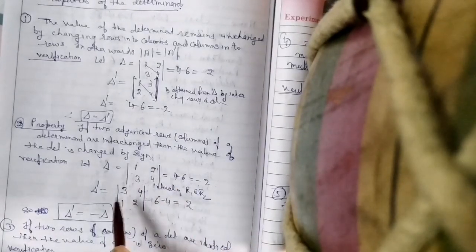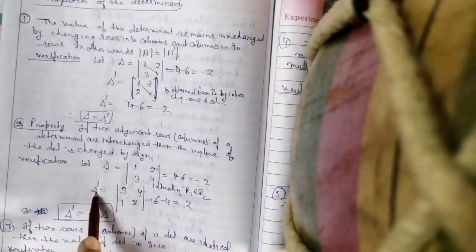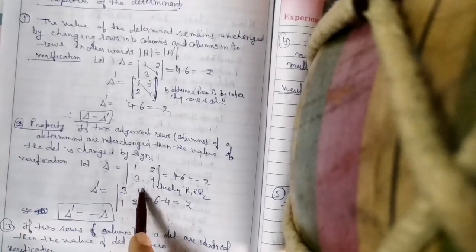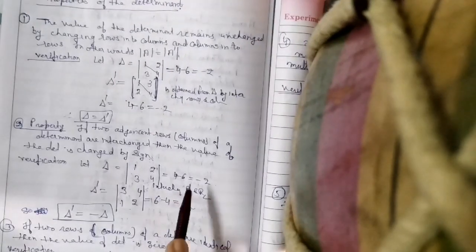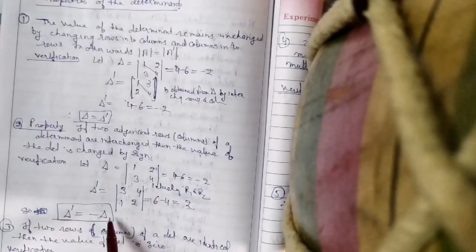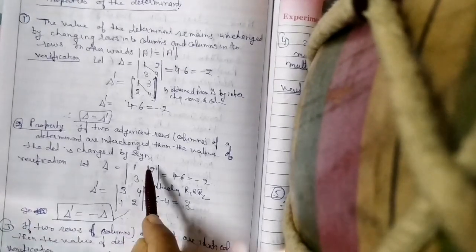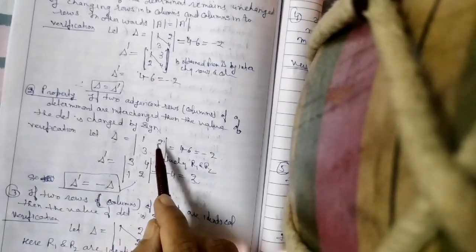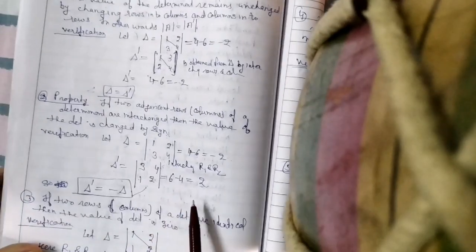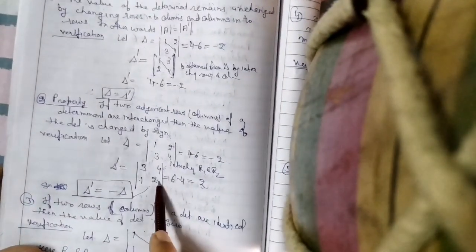So delta dash is equal to 3 4 1 2. Now its determinant is 6 minus 4, that is 2. So delta is equal to minus 2, delta dash is equal to 2, so delta dash equals minus delta. So if two rows or columns of a determinant are interchanged, then the value of the determinant is changed by sign.